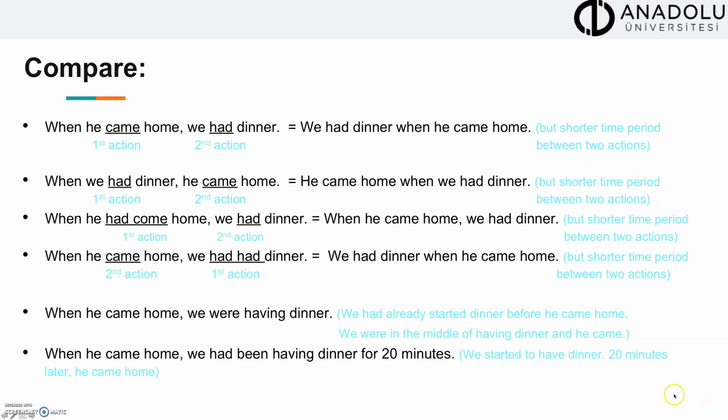Here we have got some more sample sentences to examine and see the differences among these tenses. Please pause the video here and take your time for each set to see the meaning of each sentence. So here is the first set.